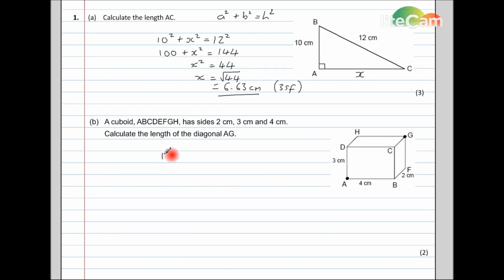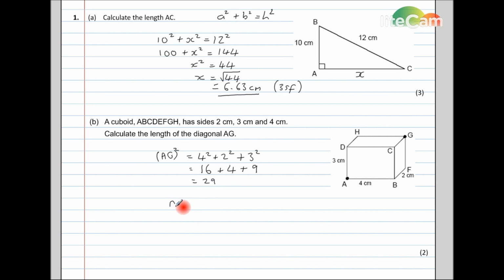So I'm going to write this as AG squared equals 4 squared plus 2 squared. Now we know this length is the same as that length, so plus 3 squared. If we do that, we're going to get 16 plus 4 plus 9. 16 plus 4 is 20, so that's 29.